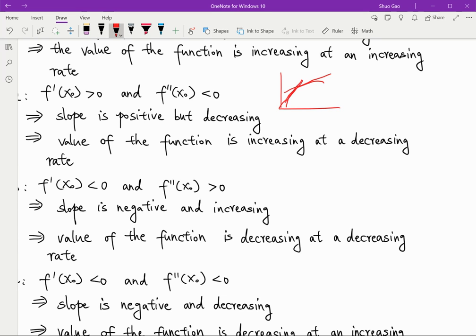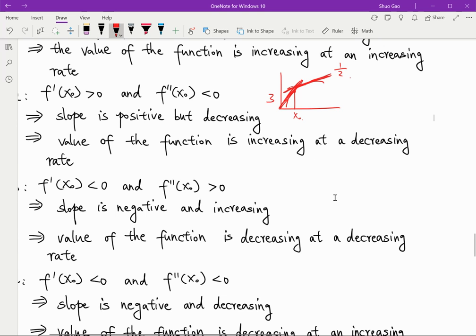So here the slope may be 3, but for this point, the slope may be only 1/2, right? So if you pick a point x0 here, from the left side of x0 to the right side of x0, the slope is decreasing, right?